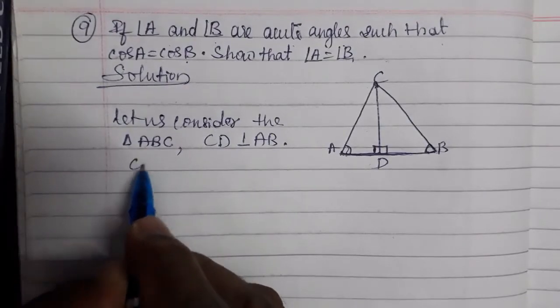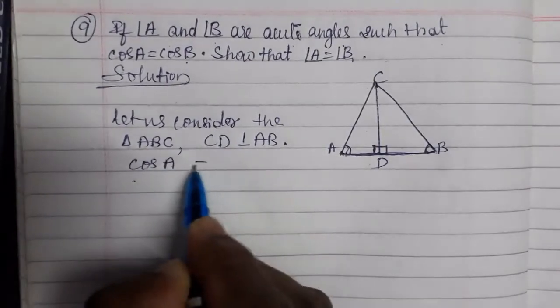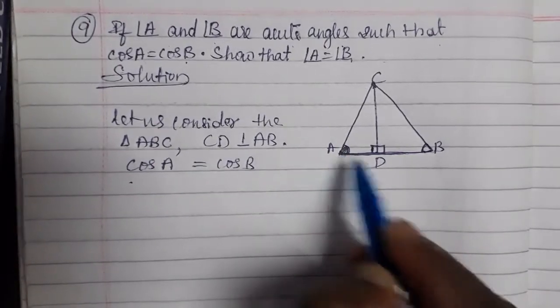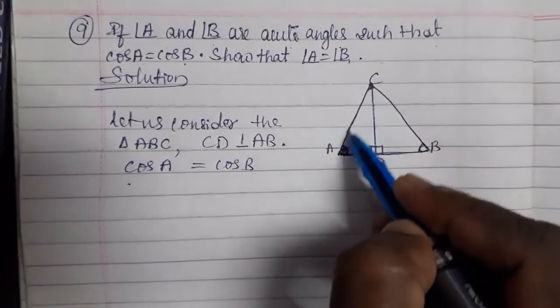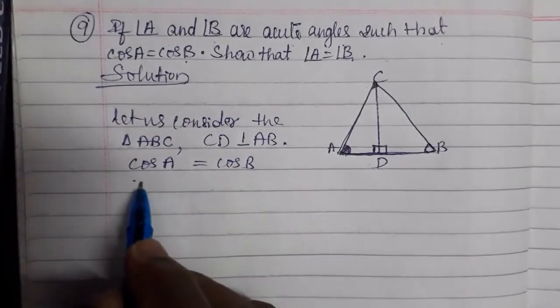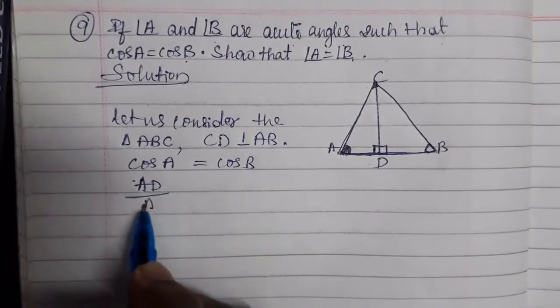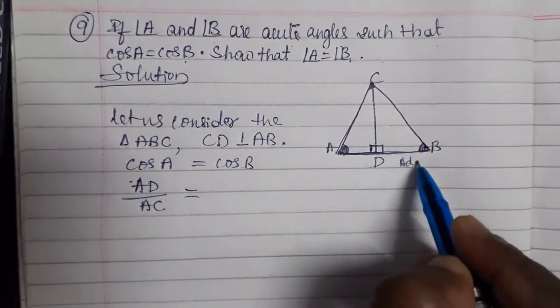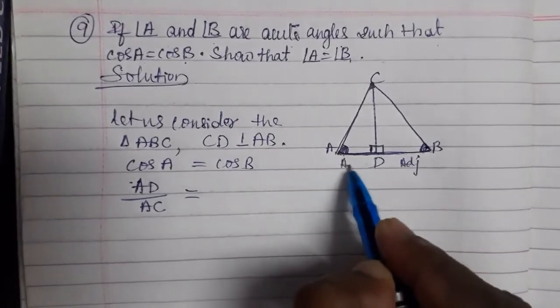The condition is cos A is equal to cos B. What is cos A? Cos A is here. Adjacent by hypotenuse. What is adjacent? Adjacent is AD. Hypotenuse is AC. Is equal to cos B. For cos B, adjacent is BD.